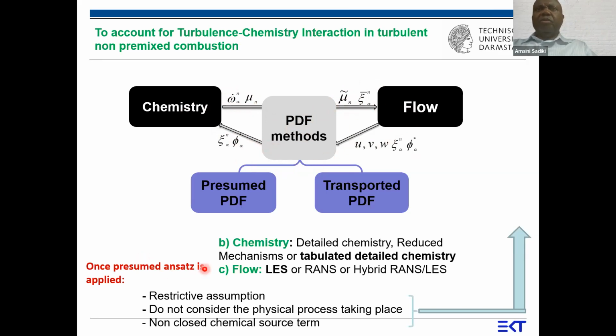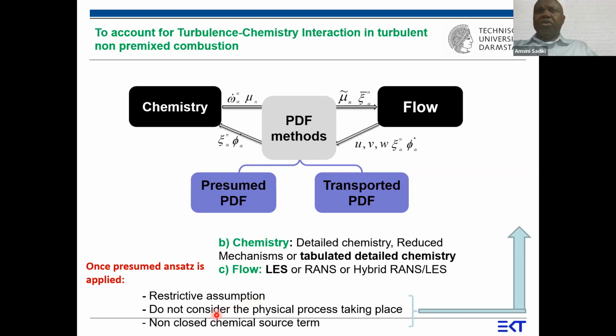Once we presume the PDF, we have a restrictive assumption because we say that the interaction is reduced only to what the presumed PDF allows.